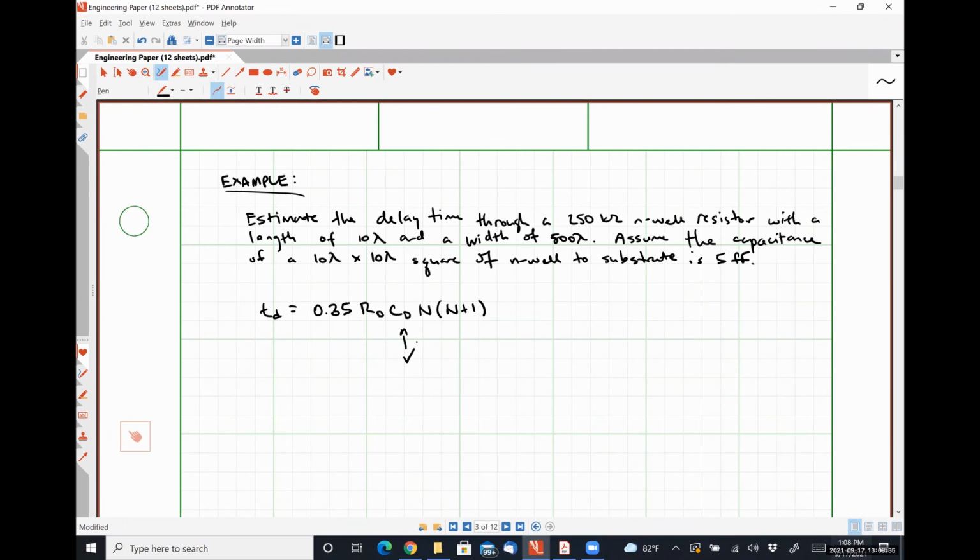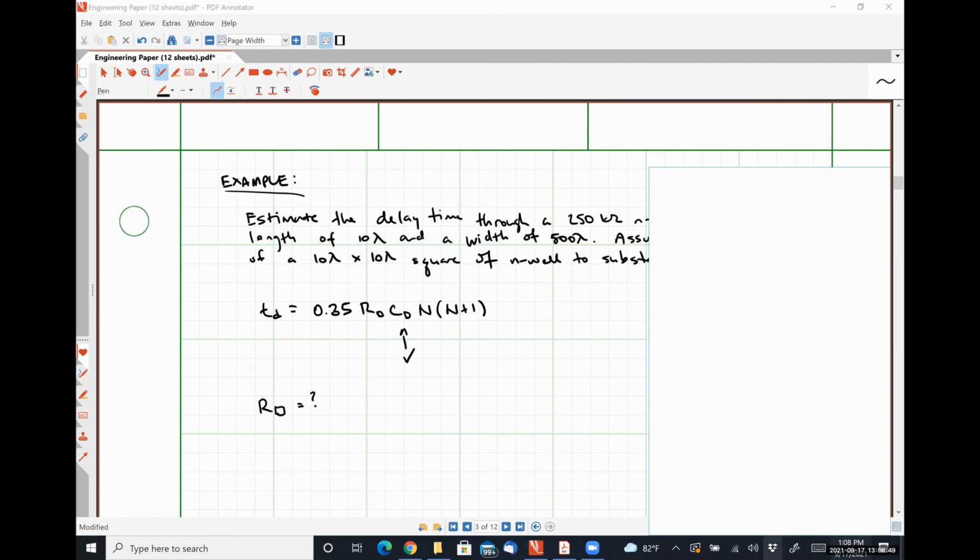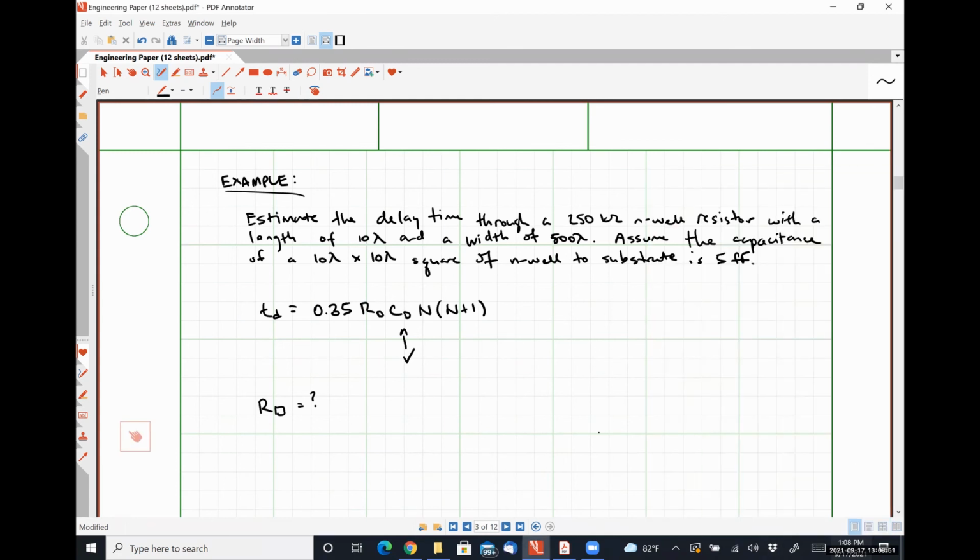Okay, so we're trying to figure out what R squared is. What we know of our resistor is 10 lambda by 500 lambda, and our total resistance is 250 kiloohms.